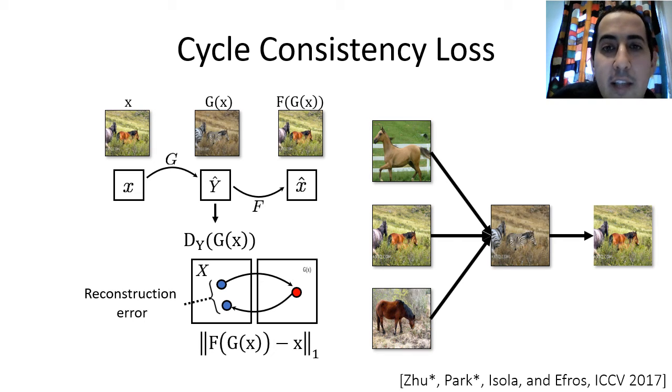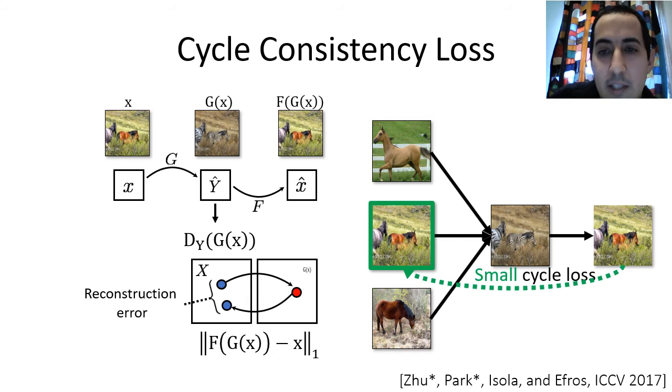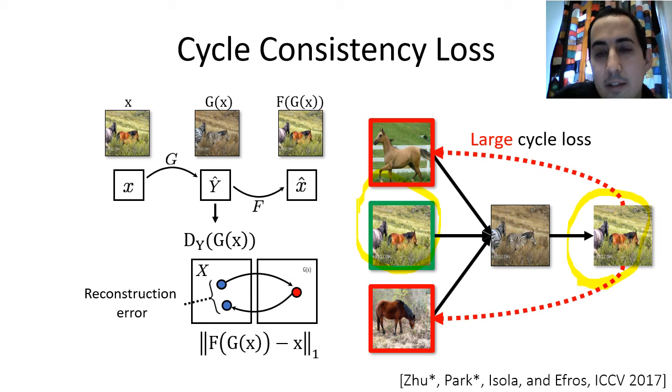Cycle consistency ensures that horse to zebra and zebra to horse translation give similar results. For example, in this case we have small cycle loss. However, in this case we have large cycle loss. And these cycle loss calculations will guide the network optimization.